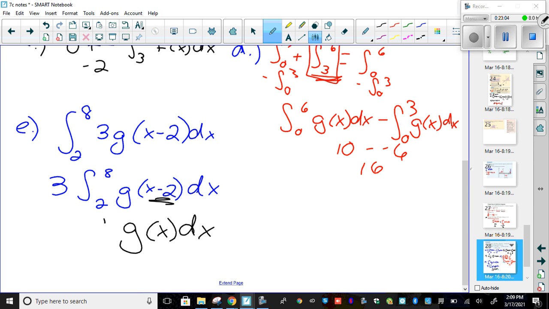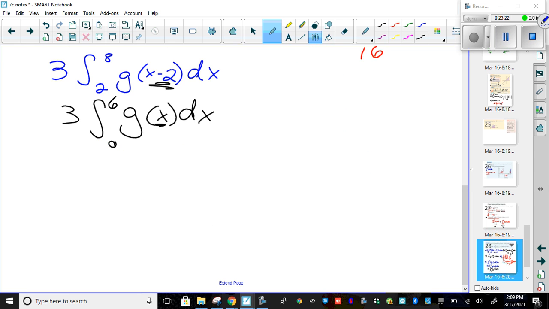If I shift it 2 units to the left, this value that was at 2 is now at 0, and this value that was at 8 is now at 6. And again, that's only shifted to the right because it was inside with my x value. So that would be 3 times, I know that integral already is 10, therefore it's 30.